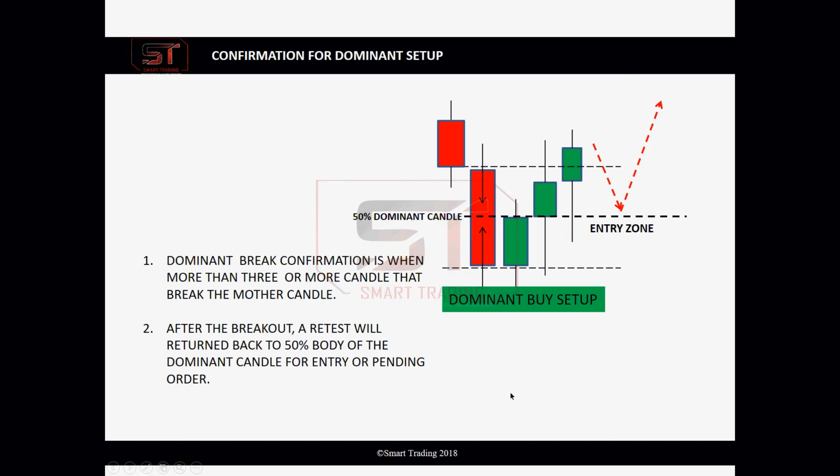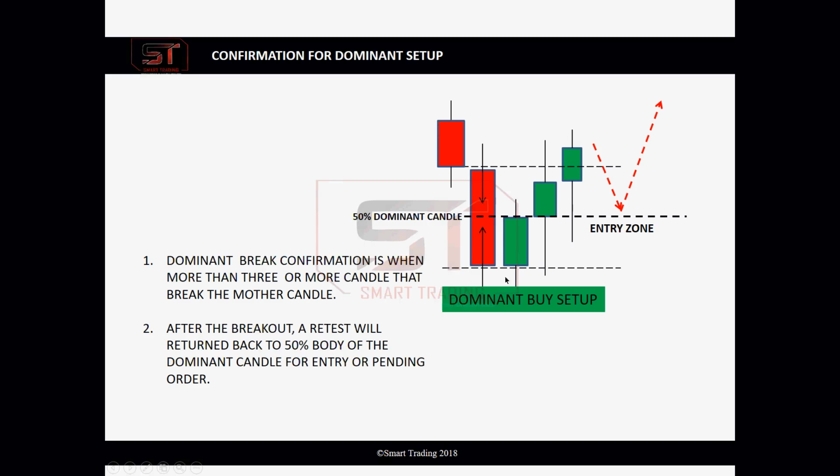So let's go through the dominant setup. This is much easier. The dominant setup is obviously 1 versus 3 or more. Basically this is a downtrend market, and you have a big sell candle over here, and after a few candles, the third candle or more managed to break through.